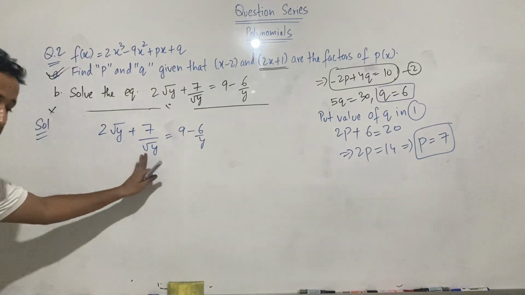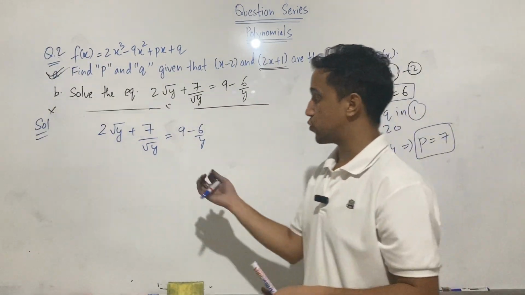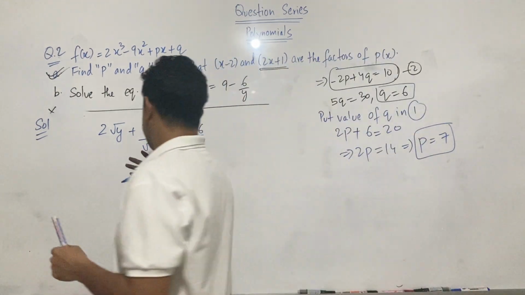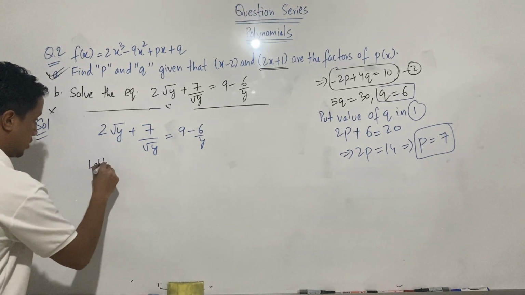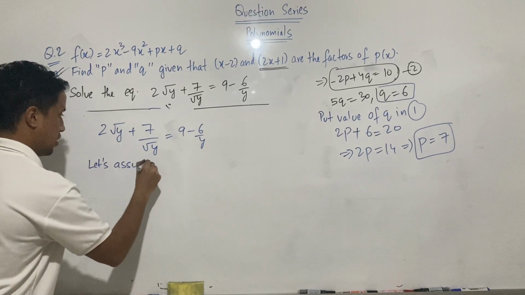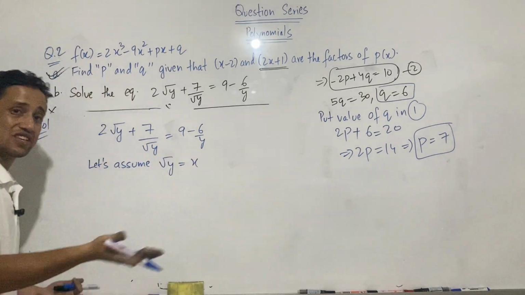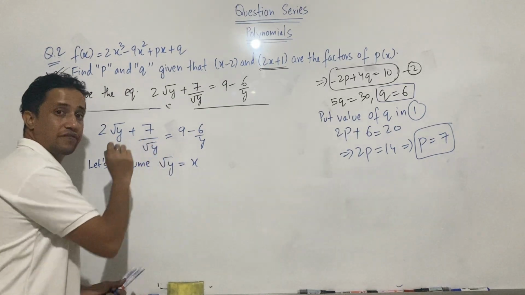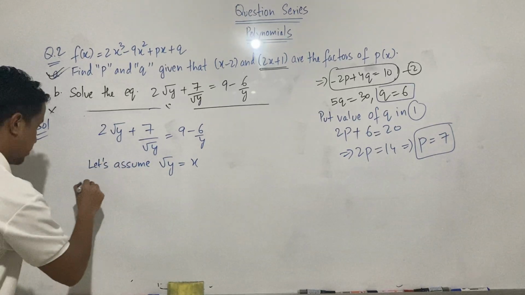Now see here, whenever we see a square root in the denominator, we have to do something to get rid of it. So let's assume that the square root of y is x, because I just want to get rid of the square root in the denominator.